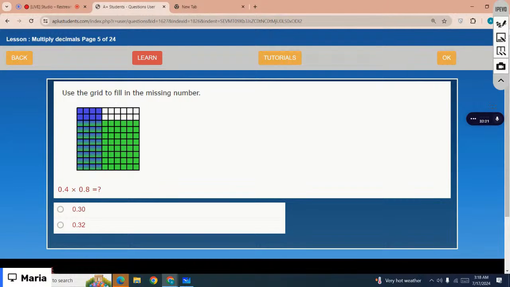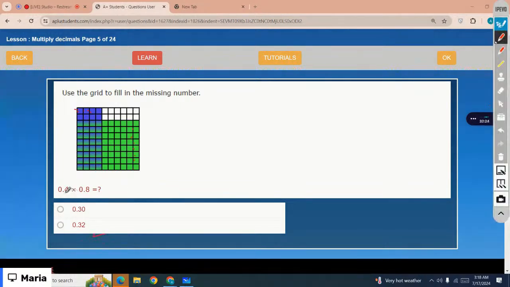Use the grid to fill in the missing number. You have to do 0.4 times 0.8. So 8 times 4 is 32. So that would be 0.32. Option number 2 is the correct option.